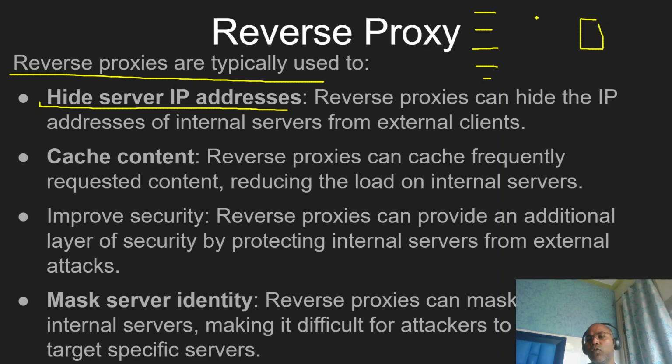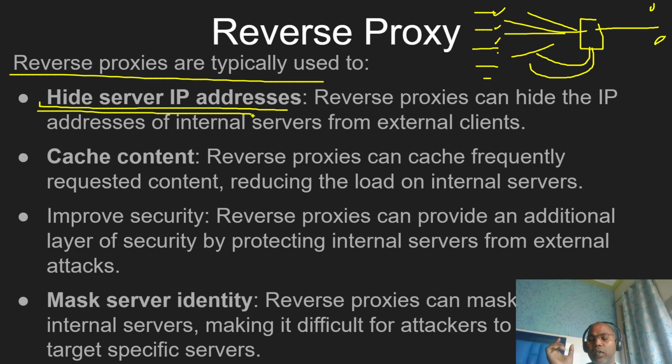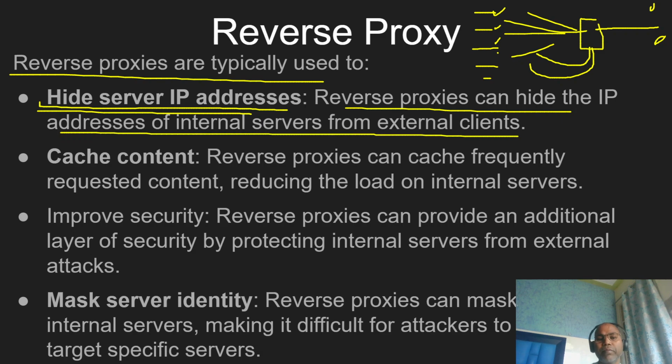All the requests go to my reverse proxy, and our proxy responds to every client. So every client thinks they only know the proxy IP address, not my actual web server IP address. Somewhere you want to hide your server IPs, so a reverse proxy can hide the IP address of the internal server from the external client.